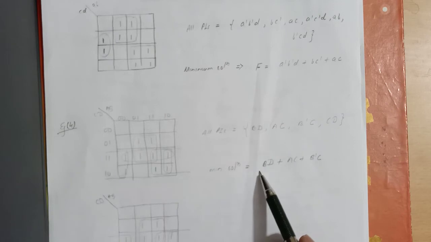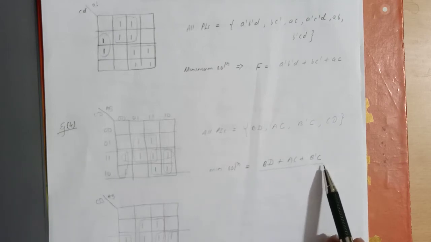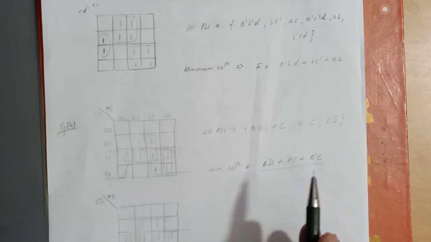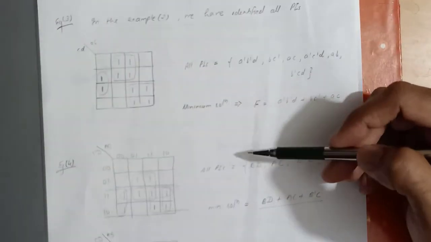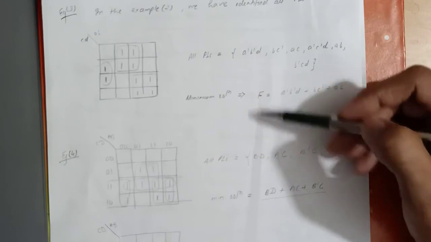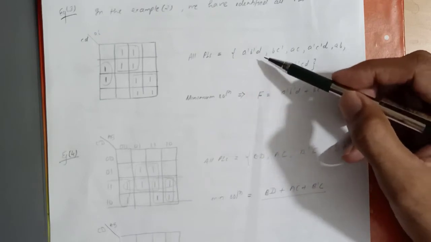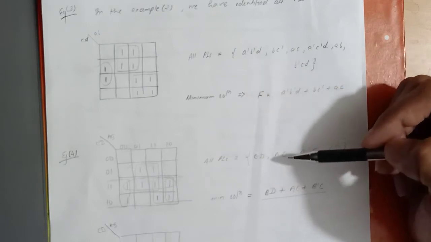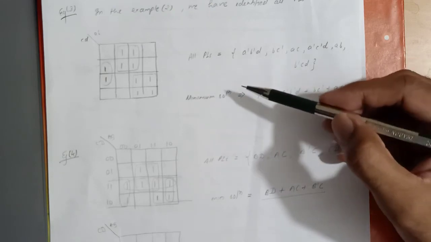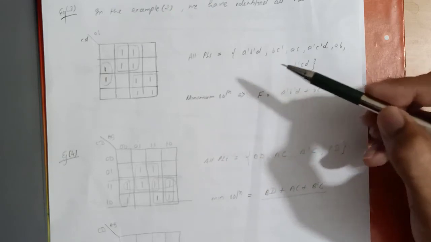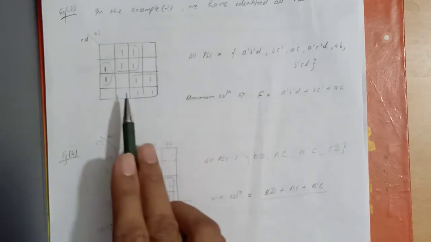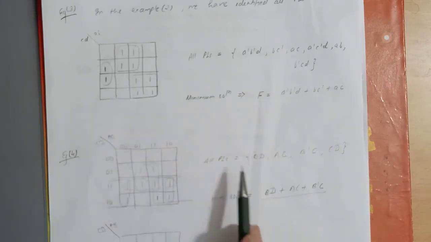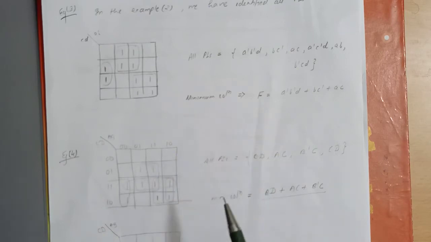So we can take these three terms. While selecting the prime implicants in both examples, we are not following any standard procedure. We are just finding, by observation or hit and trial, the minimum number of prime implicants that will cover all the ones. That method is not systematic.